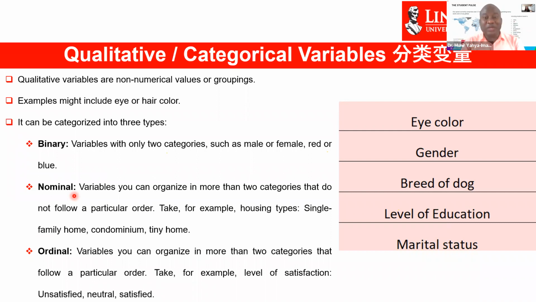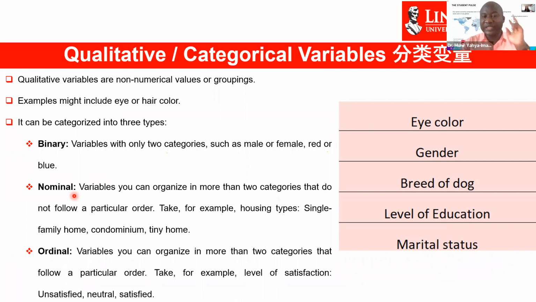Take, for example, level of satisfaction. It can be strongly agree, agree, neither, disagree, strongly disagree. You can see there's a particular order, right? So it can be unsatisfied, neutral, or satisfied. It follows a certain order. So that is what an ordinal variable means.